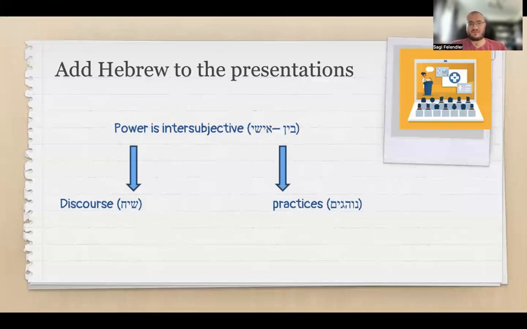But it's important to put these translations in your presentations because, and I'm saying this with a tinge of sadness, unfortunately, some of your students may be very, very weak in English.